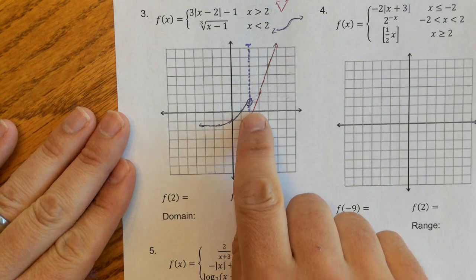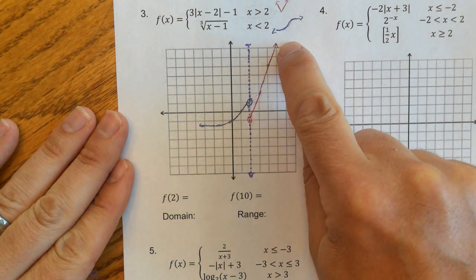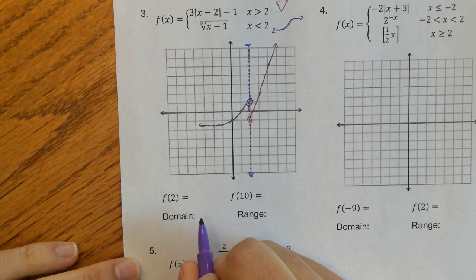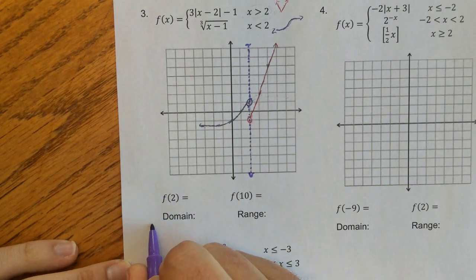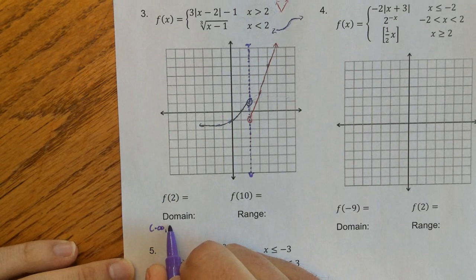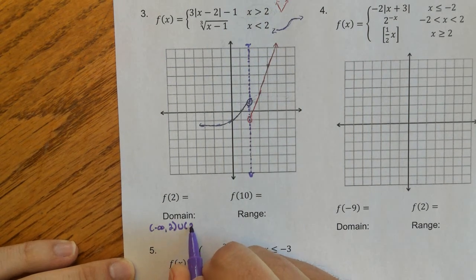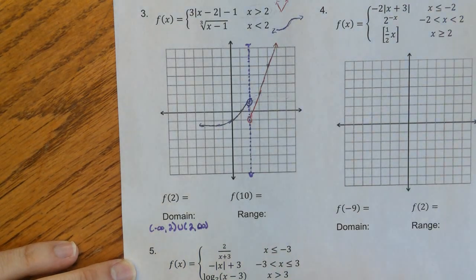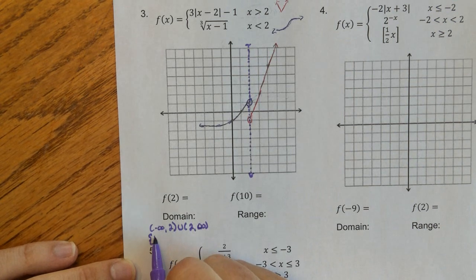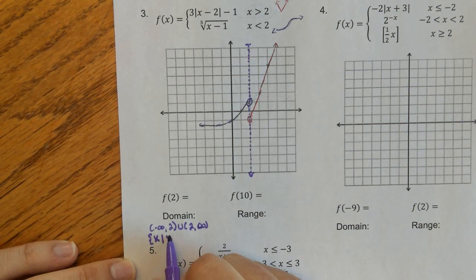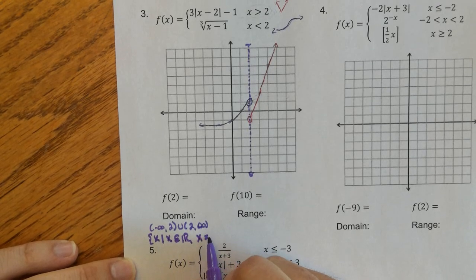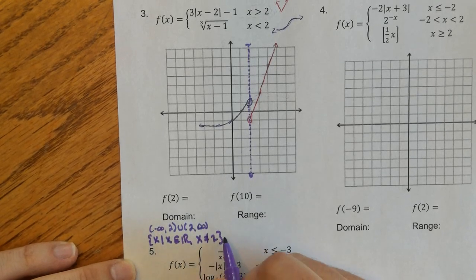Now notice for our domain, arrow to arrow, everything but the value of 2. So in interval notation, we're going from negative infinity to 2, that union 2 to infinity. Or you can write it in set notation where x is such that x is an element of all real numbers, but x does not equal 2.